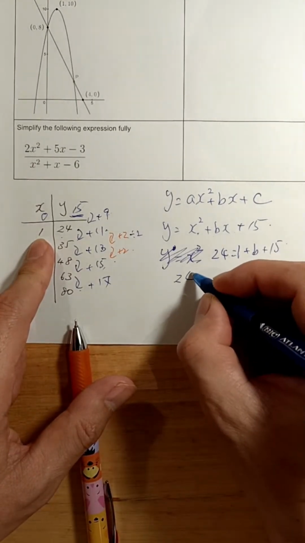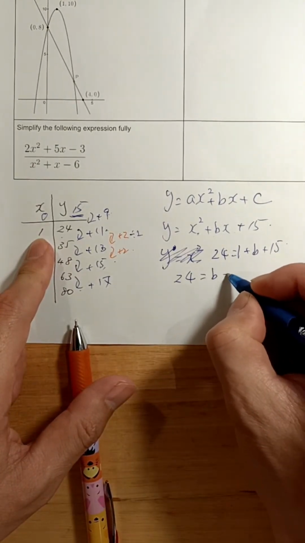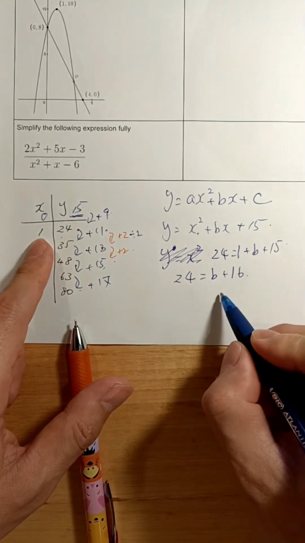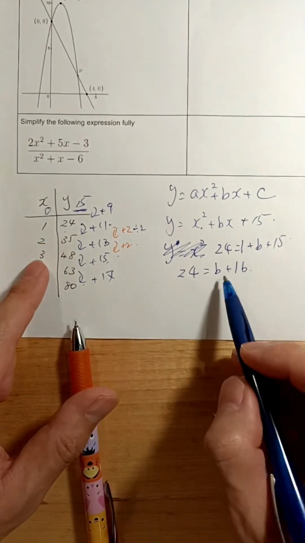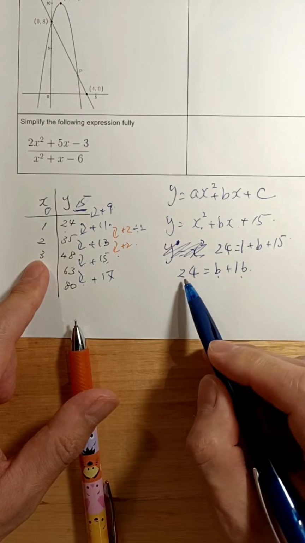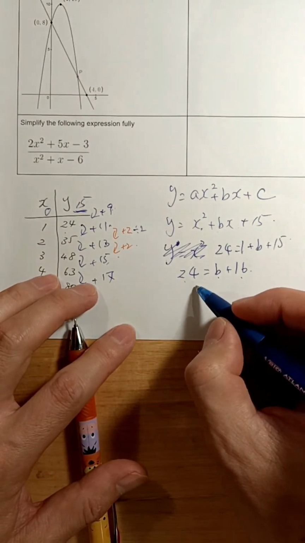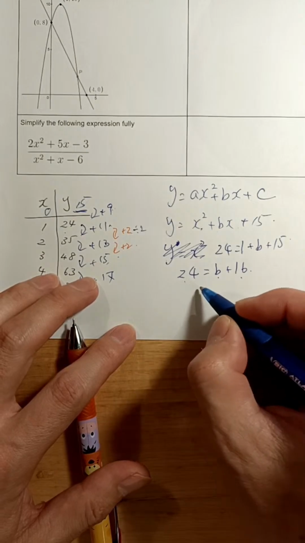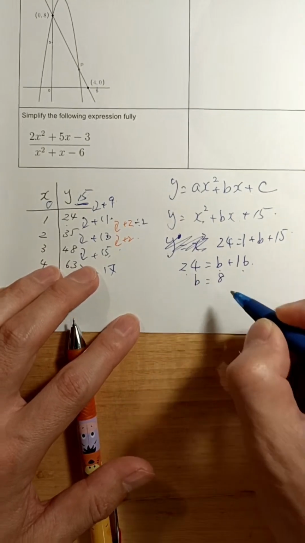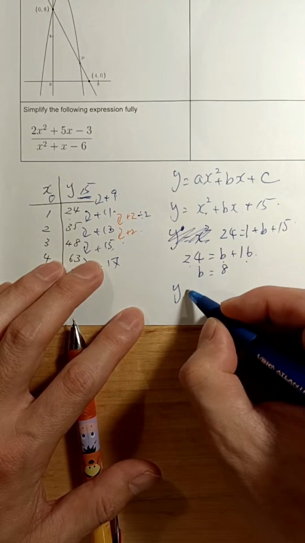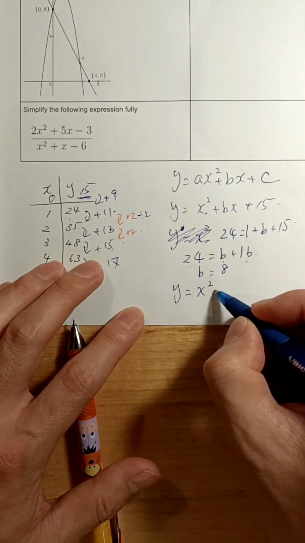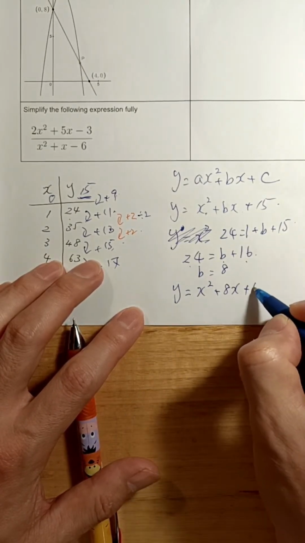So 24 equals b plus 16. So b plus 16 equals 24. What's the number we fit here? 16 plus 8 gives you 24, isn't it? So b equals 8. So the answer is y equals x squared plus 8x plus 15.